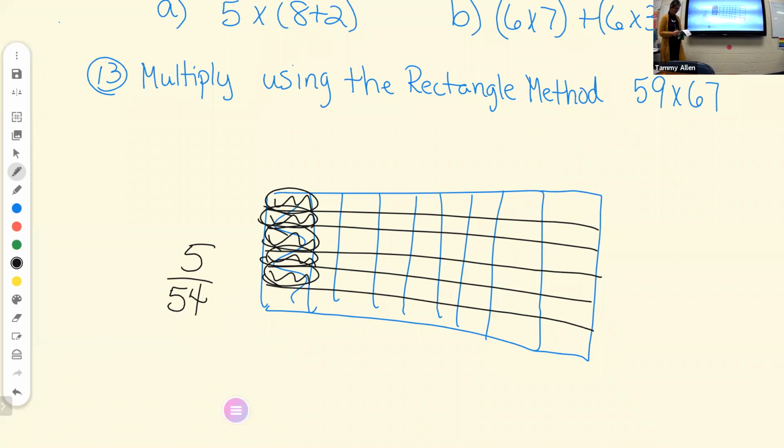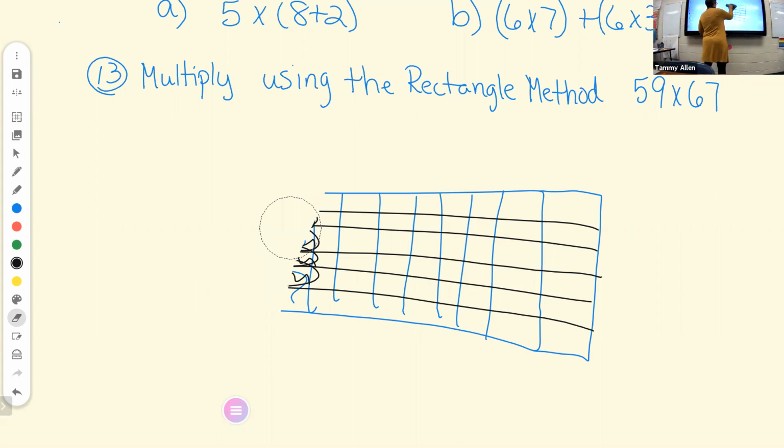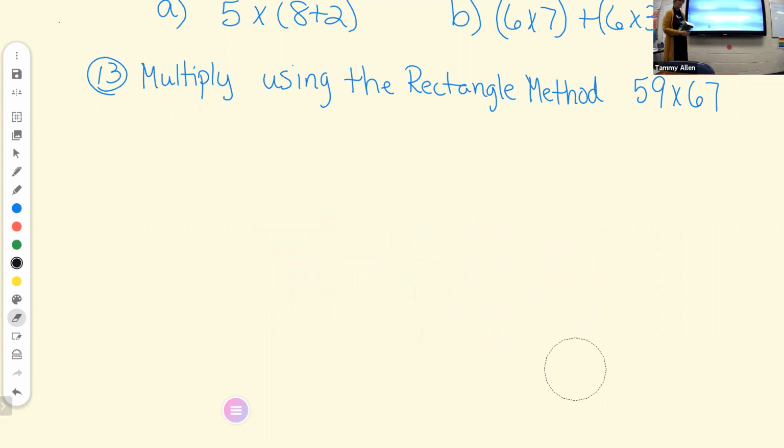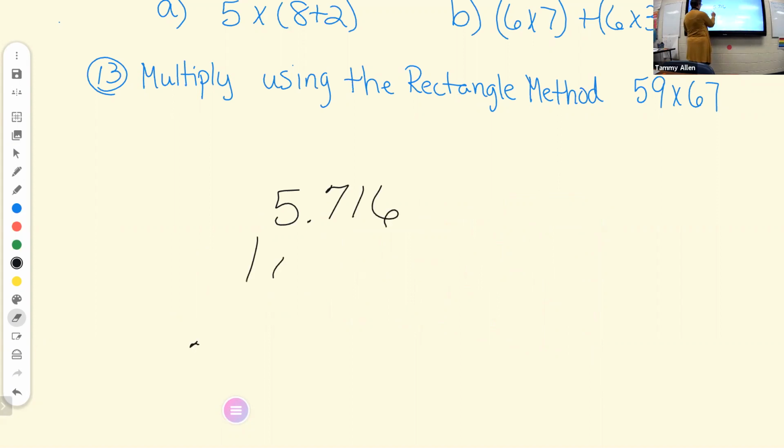In number 9, what do we need to pay attention to when we are trying to add these together? Lining up the decimal point. And what good does that do, lining up the decimal point?